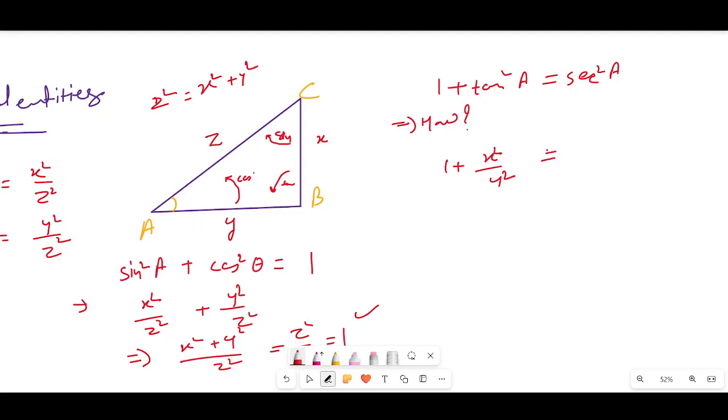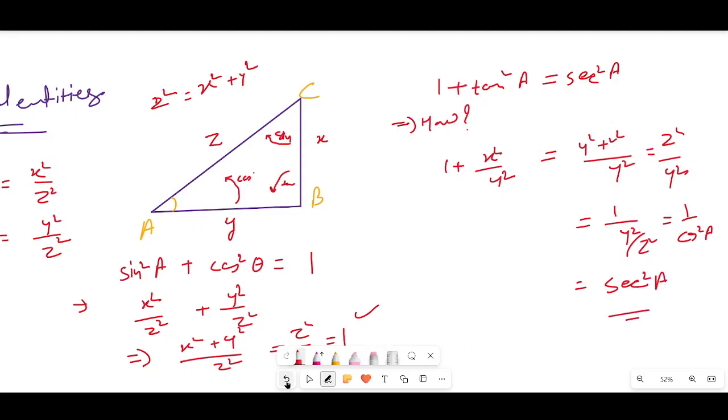Now we get y square plus x square upon y square, that is z square upon y square, which is equal to 1 upon y square upon z square. We can write 1 upon cos square, and now this will be sec square.